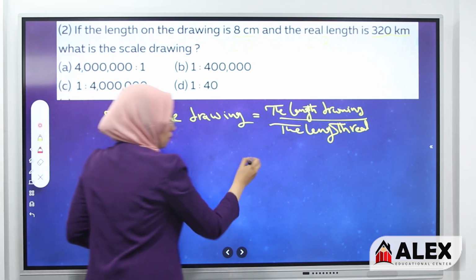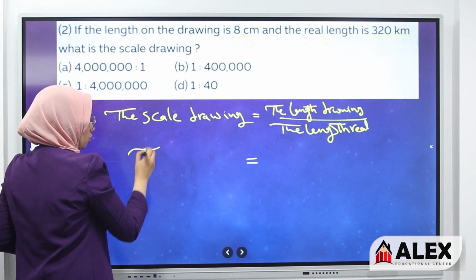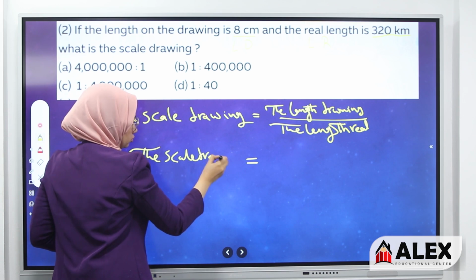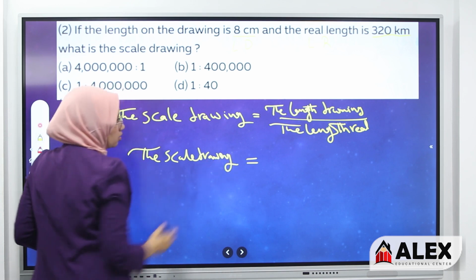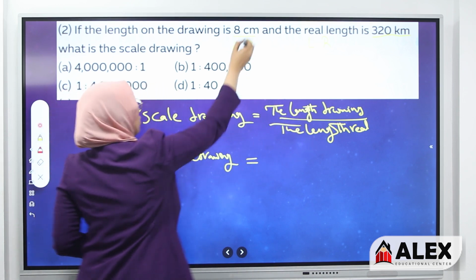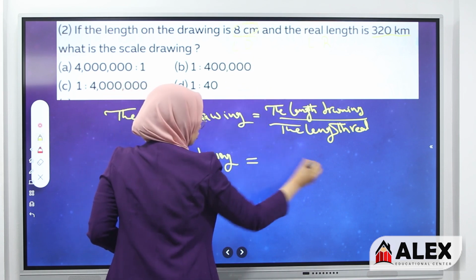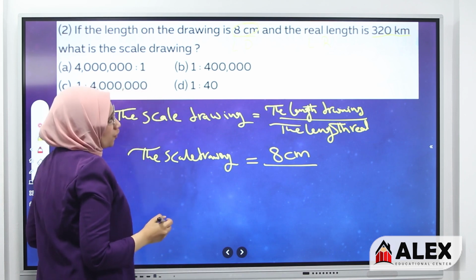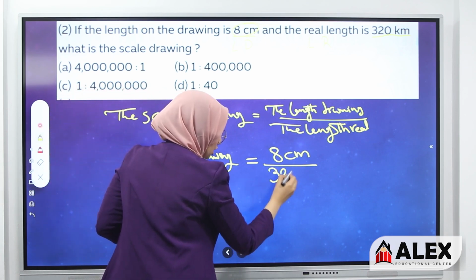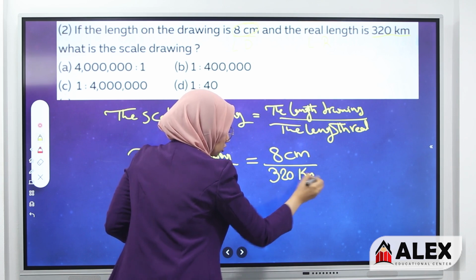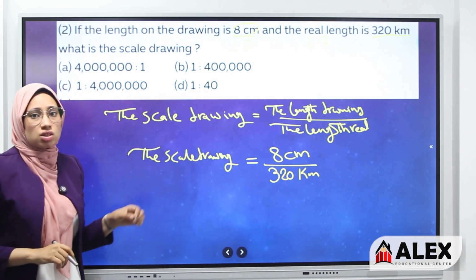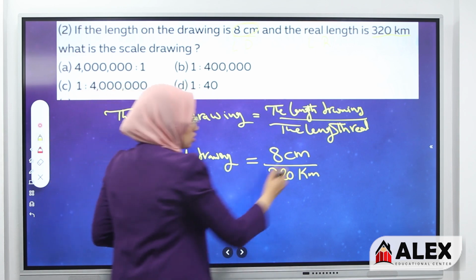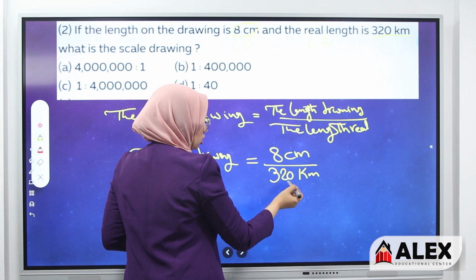Then the scale of the drawing equals the length of the drawing, 8 cm, over the length of reality, 320 kilometers. This is the drawing scale, but we should convert the units. Here it is centimeter and here kilometer.